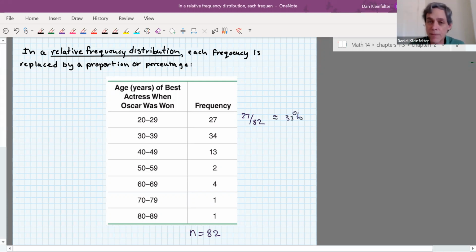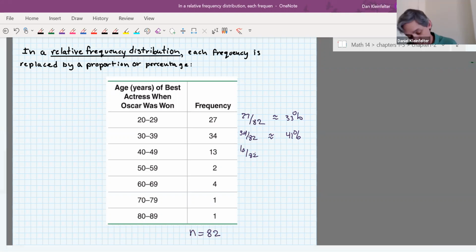Because I'm rounding, this may not total 100%. The next one is 34 out of 82, and that's about 41%. Then the next one is 13 out of 82, and that's like 16%.